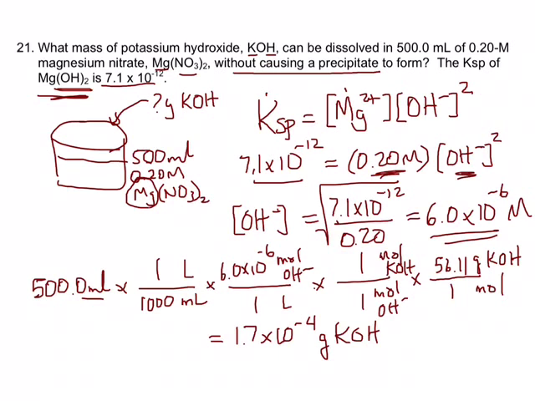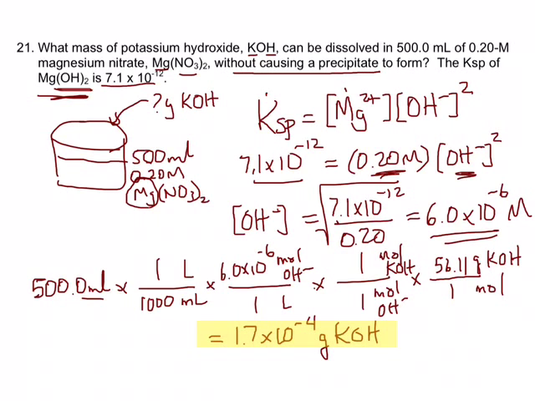All right, so now stand back and think about this question before we leave it. So we were adding the KOH to the magnesium nitrate, but we wanted to add just enough KOH to not see a precipitate. We weren't going to see a precipitate.